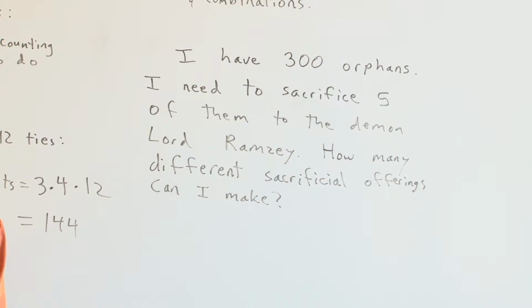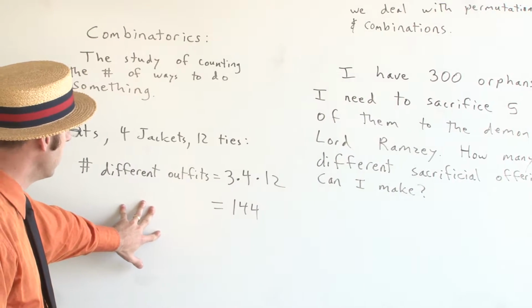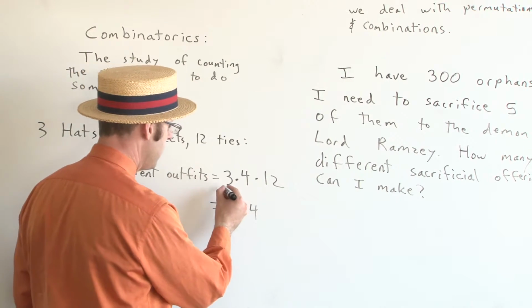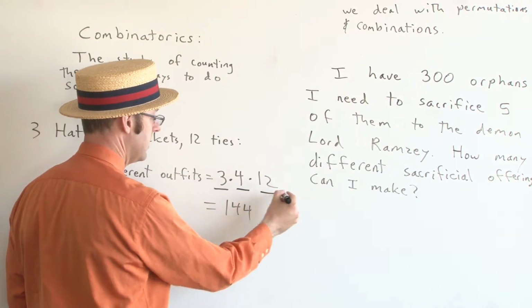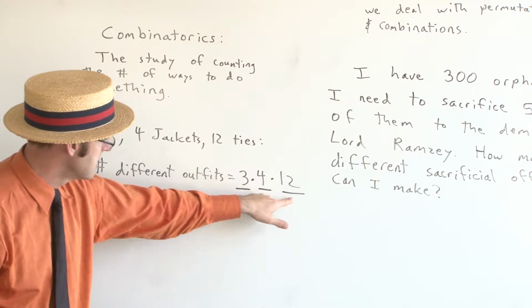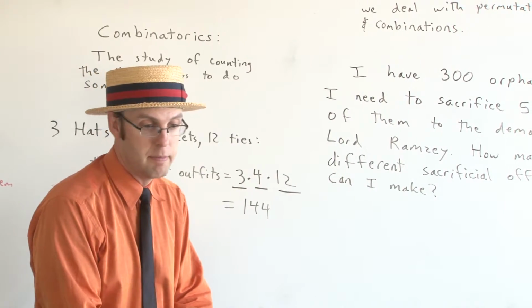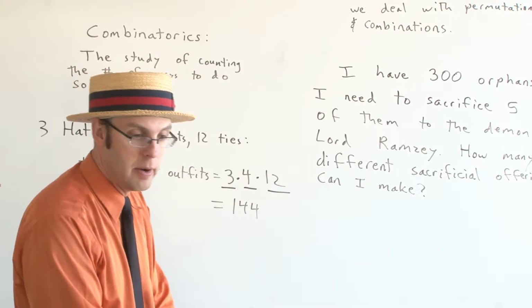The way you do this is not too different than what we did over here. Over here we just realized I have a hat space, a jacket space, and a tie space, and in each space I put the number of choices that I have. We're going to do the same thing here.